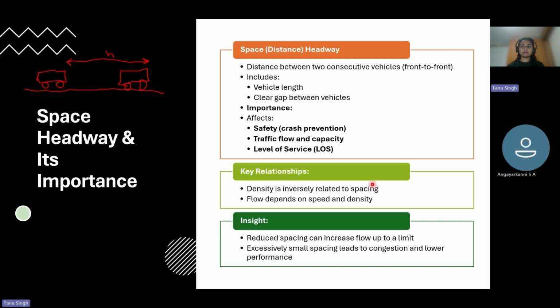But as spacing between the two vehicles decreases, the driver needs to be more cautious, and congestion may also occur. Spacing is also related to density, and together with speed it determines the traffic flow. So managing spacing properly is crucial for efficient and safe traffic movement.